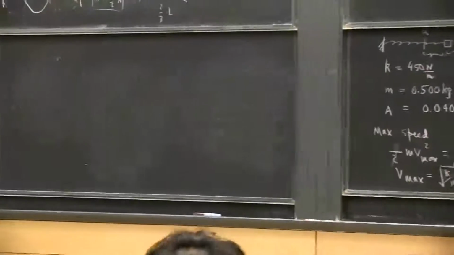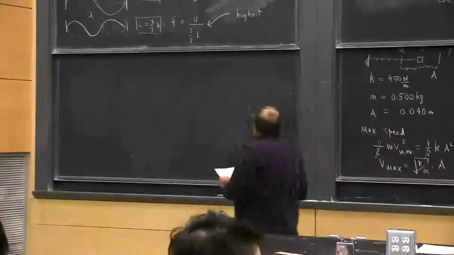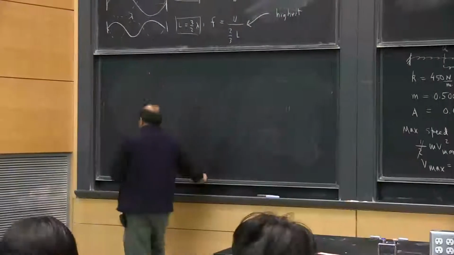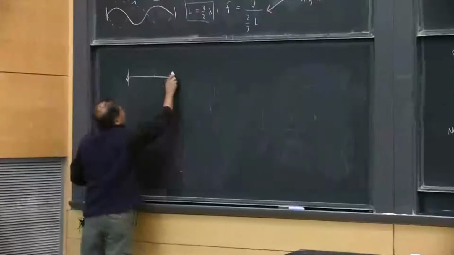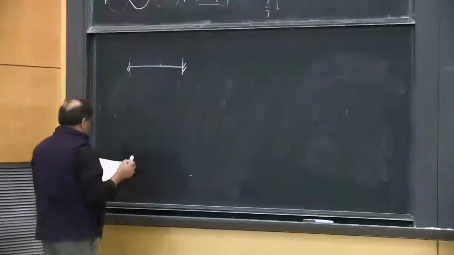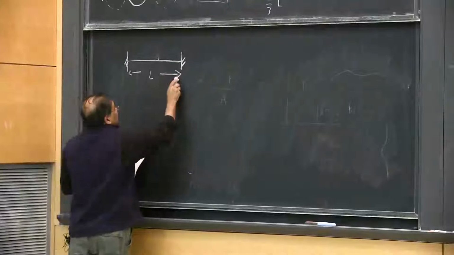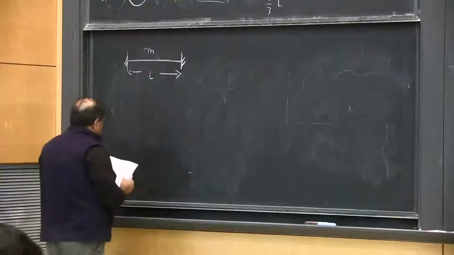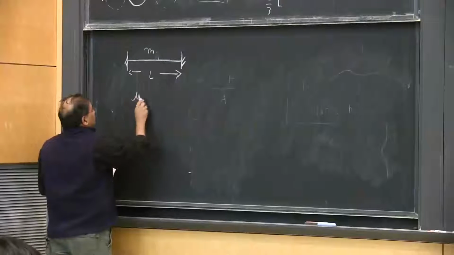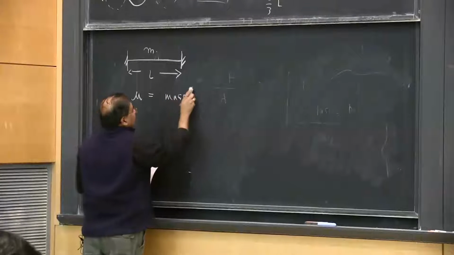This is not something I'm going to derive, but if you have, let's say, a metallic string, just think about this as having length L and a certain mass m, then one thinks about mu as a symbol for mass per unit length.